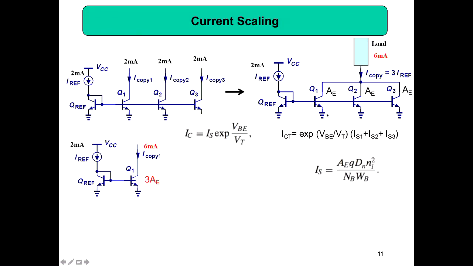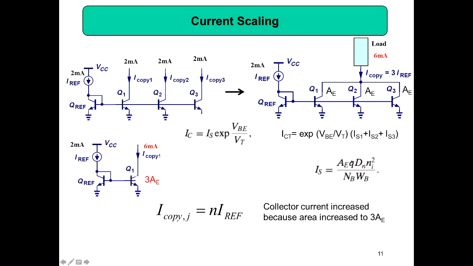So when you connect 3 transistors in parallel, you are increasing your area thrice. That is the reason we can write 3 times area, because IS is proportional to the area. Collector current increased because area increased to 3 times AE, because if IS1, IS2, IS3 are all identical, you get 3 times IS.